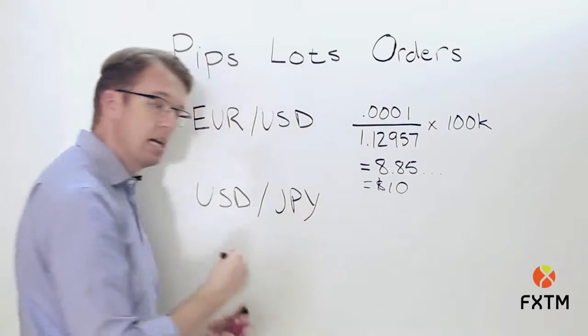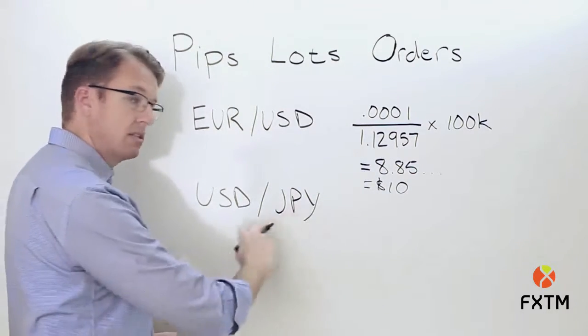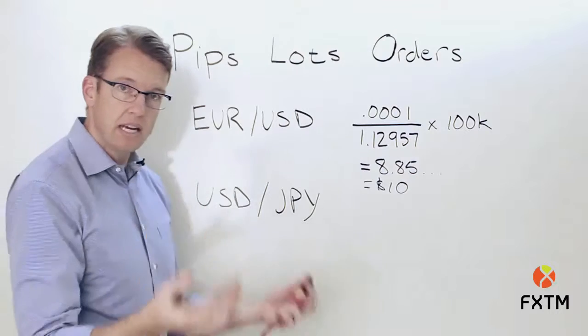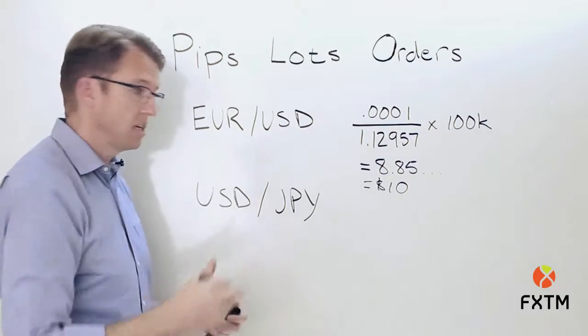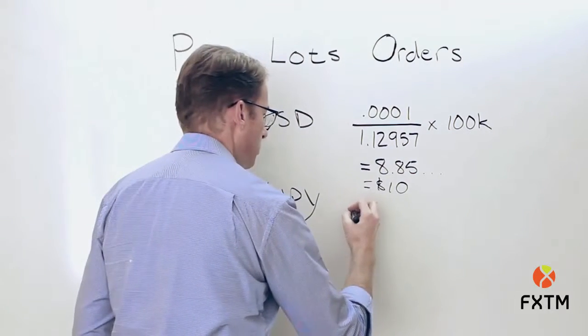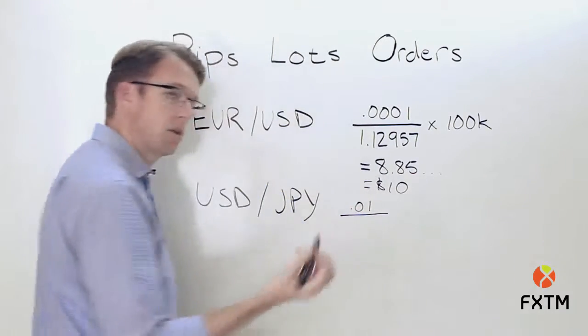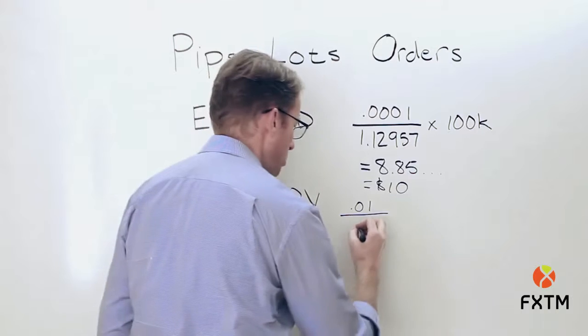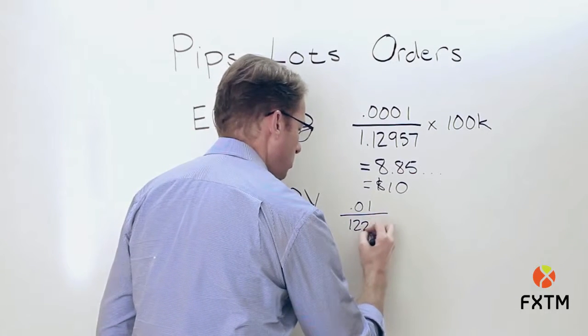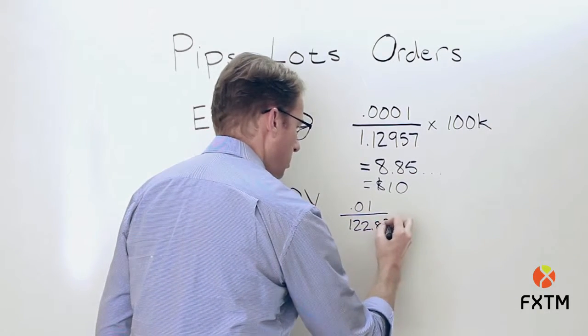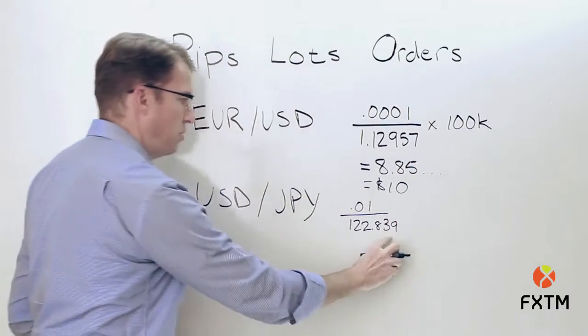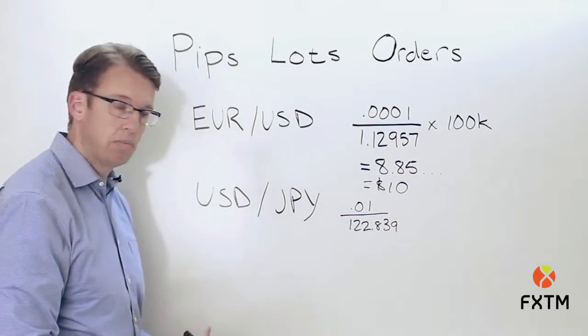And remember, with a currency pair where the yen is involved, a pip is the second decimal place and a point is the third decimal place. So we're going to put in the numerator here 0.01. We're going to divide that by whatever the current exchange rate is. So let's assume that was 1.22839. So the 3 is in the pip place, the 9 is in the point place.